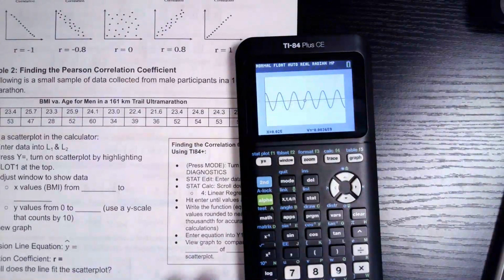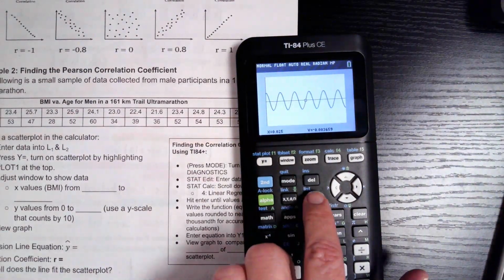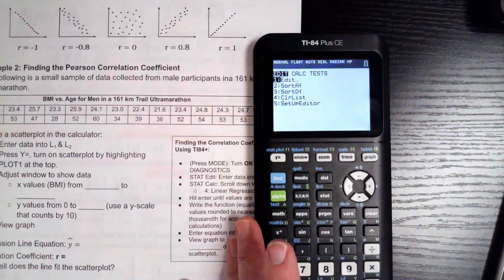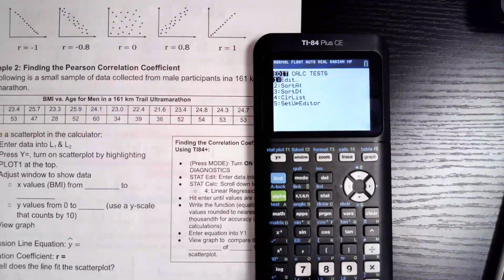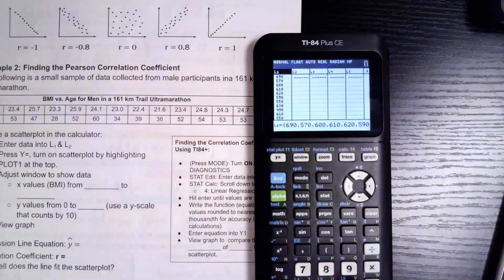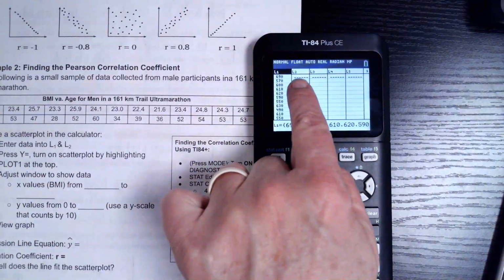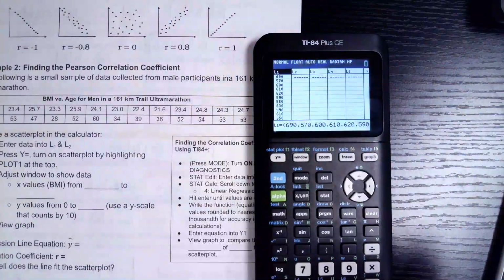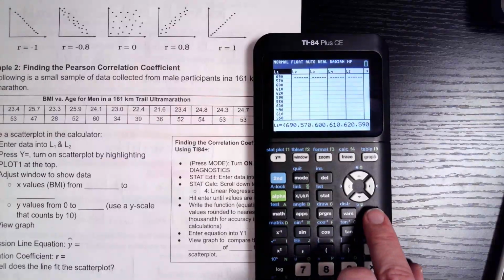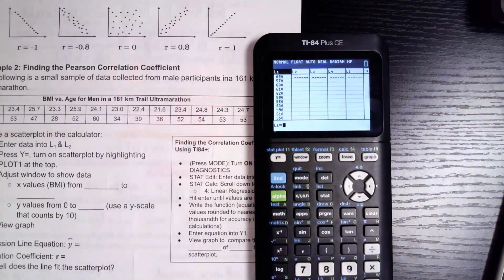In stat. So if I go to stat, how do I put lists in? Edit, and then go to L1 and then go up. Okay, so we learned the other day how to clear out L1. So I'm sitting on the letters L1. How do I clear that list? Go up and hit clear. What do I not want to hit? Delete. Don't delete it or you'll just have to clear your whole calculator and it'll come back.